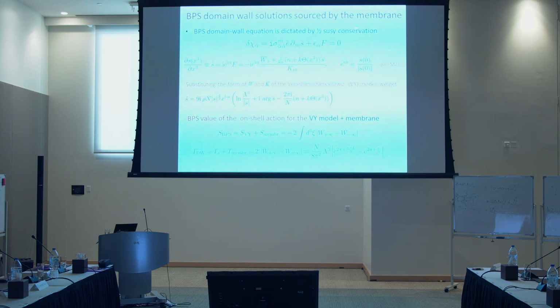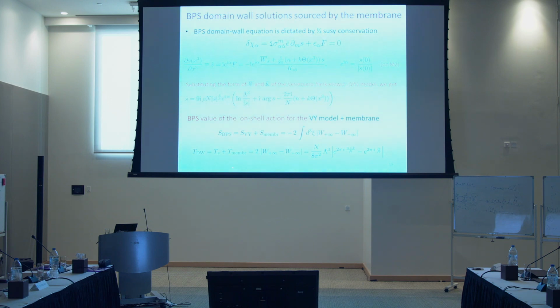And what we find is the standard formula, actually, that the tension of the domain wall is the modulus of the difference of the superpotential to the left and to the right of the membrane. But what is important here is that this tension of the domain wall is the sum of the tension of the membrane and the tension or the energy density produced by the scalar field itself.